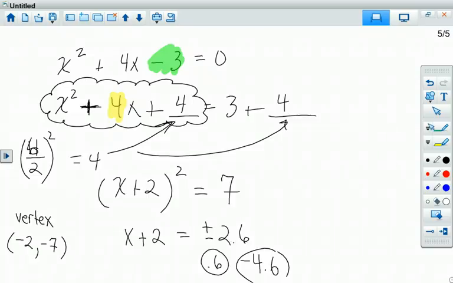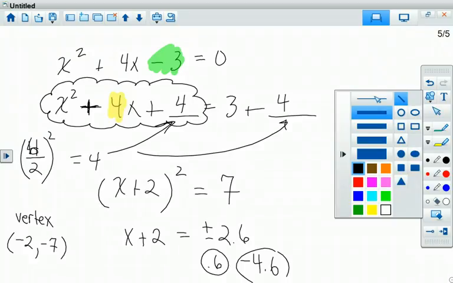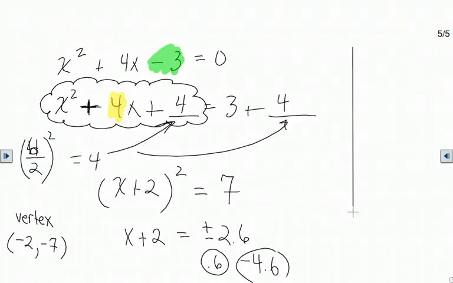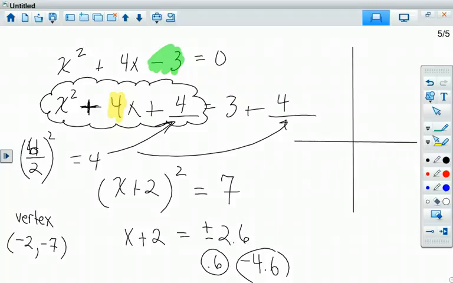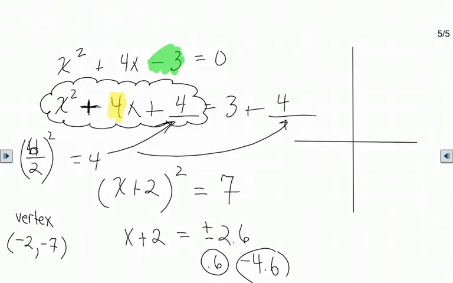And we take our handy dandy straight line maker. Take our handy dandy highlighter or a blue pen. And our vertex is -2, -7.